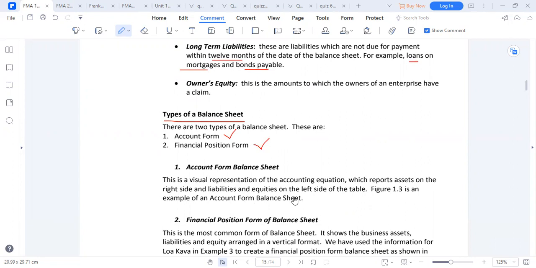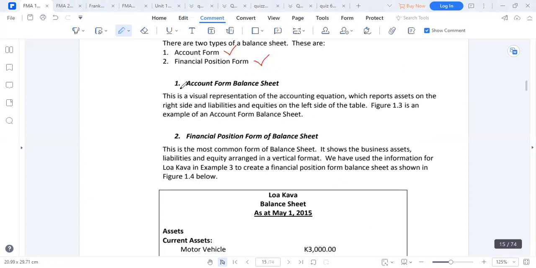Okay. So these are the two forms that we use when we're dealing with a balance sheet. Now let's delve into the forms.